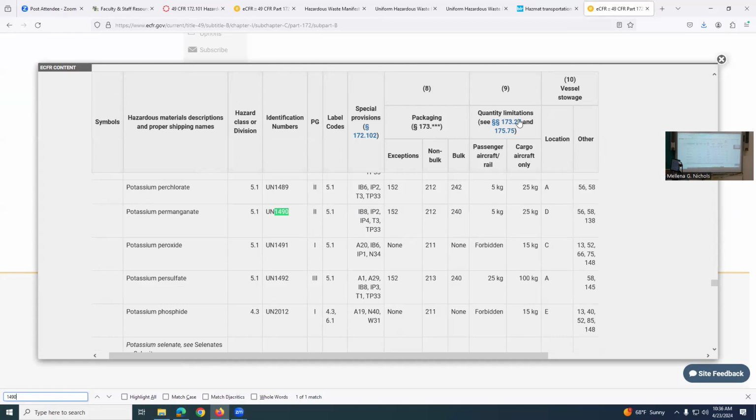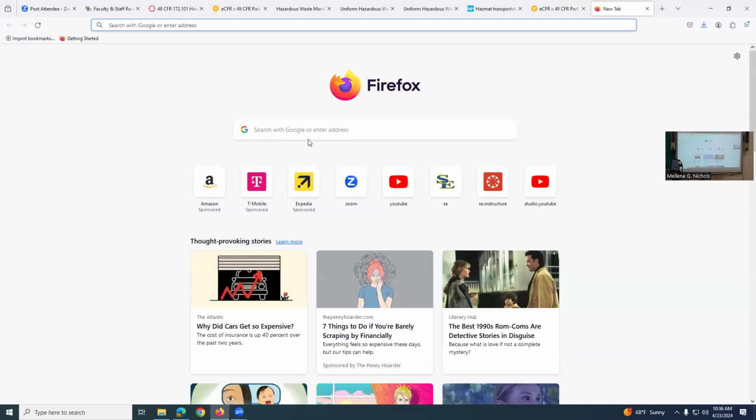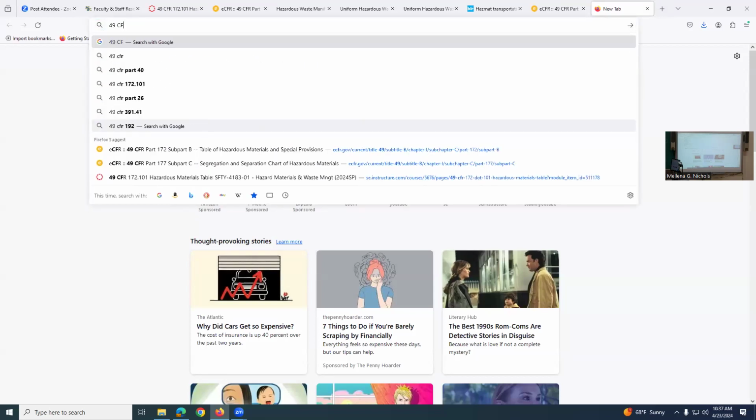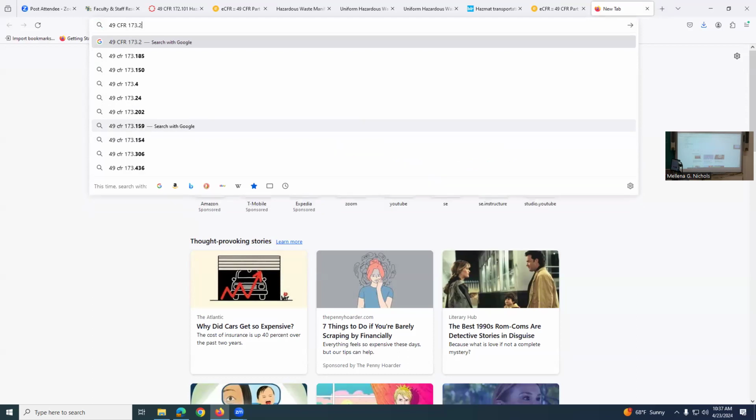All right, so the packaging requirements, we're looking over here, 173.212 if we're shipping it by truck, which we are, because it's small amounts. We're not shipping a bulk amount. So we want to look up 173.212. I'm just going to open another screen here, and we're going to go 49 CFR 173.212.